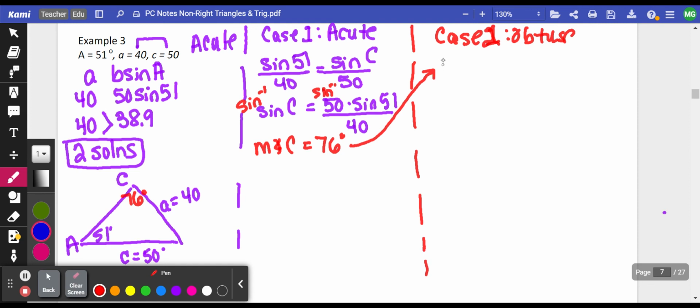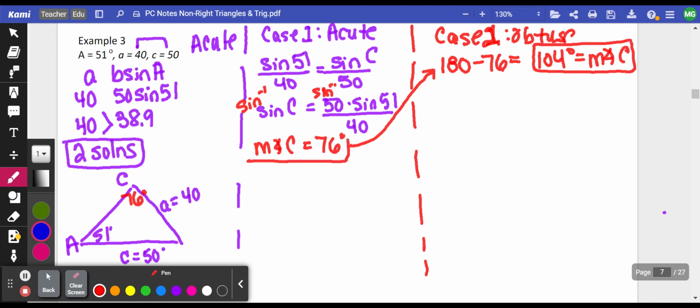A very simple way to do this is to say 180 minus 76, and that is a 104-degree angle, which is the other possible measurement for angle C. We'll hold off on that for a second, but getting this angle here actually gives us the angle in the other triangle, scenario 2, case 2.